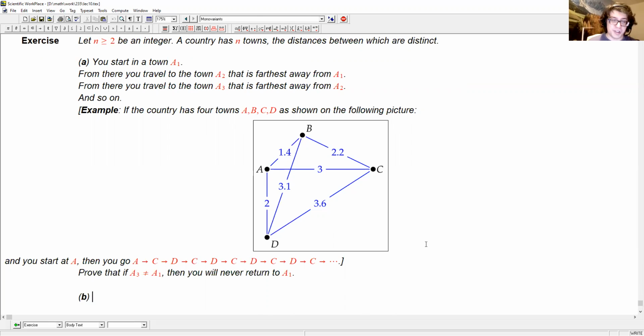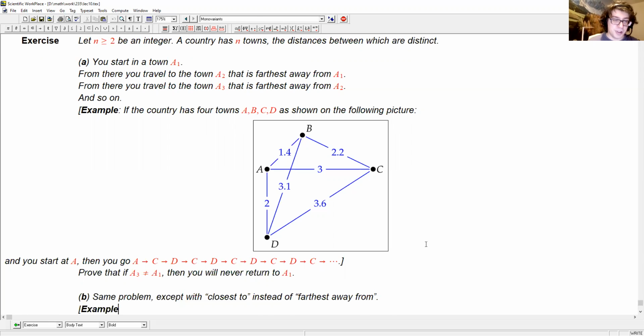And part B is the same problem, except with closest to instead of farthest away from. And of course, when you say closest town, you don't mean the town itself. You don't go from A straight to A, as that would not be a very interesting journey.